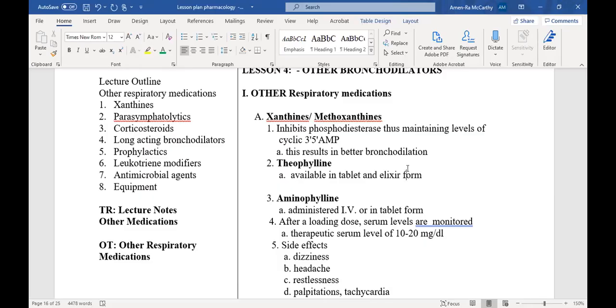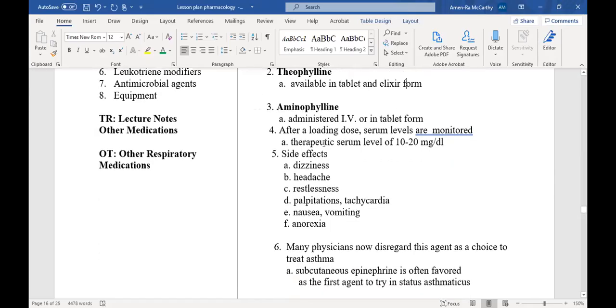So what you need to know about them is that theophylline is available only in tablet or syrup. Elixir is a syrup. Aminophylline is given IV or in a pill. But this is how it works. There's a loading dose involved.